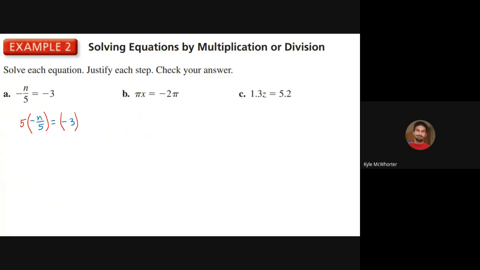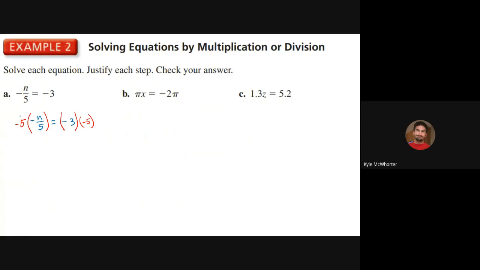If we multiply by 5 right now, we're going to be left with negative n over here. So instead of multiplying by +5, let's multiply by -5. Then negative times negative becomes positive, and you'll have positive n left. Multiplying by 5 is the inverse of dividing by 5, and multiplying by the negative cancels out this negative because negative times negative is positive.